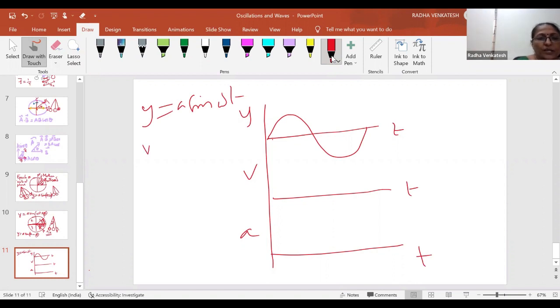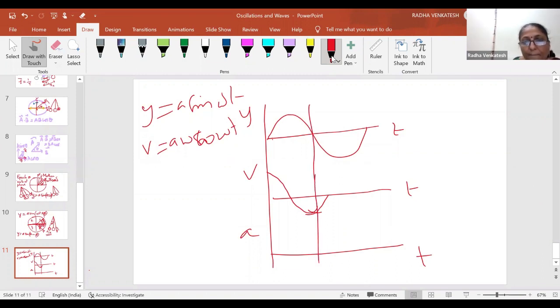Then for v, I know it is dy by dt, so it will become a omega cos omega t. So this will be a cos function. Very difficult to draw if you don't draw the axis. That's how you'll get it. And this will be the opposite of this curve. I think it's there in the textbook, right? So I'll just put a proper curve and give you, but this is what it is going to represent.